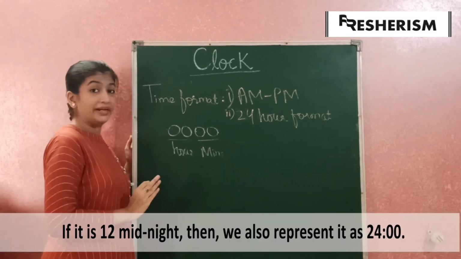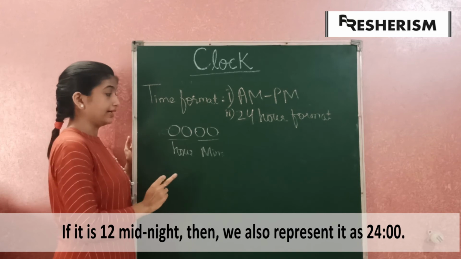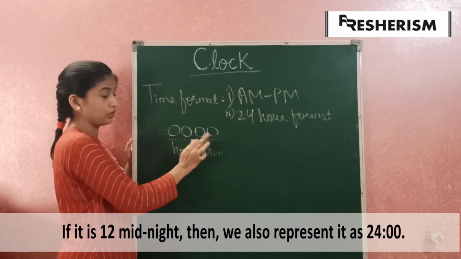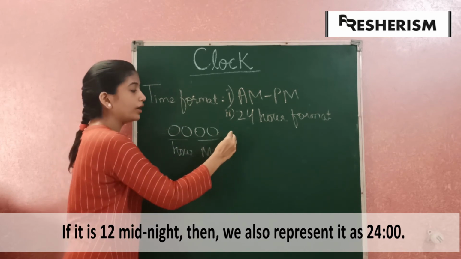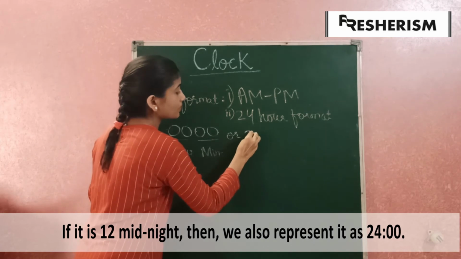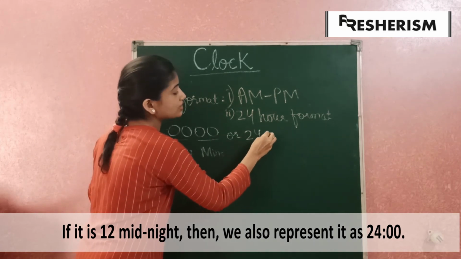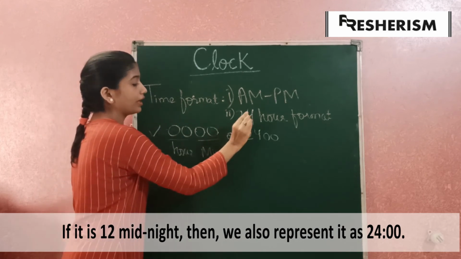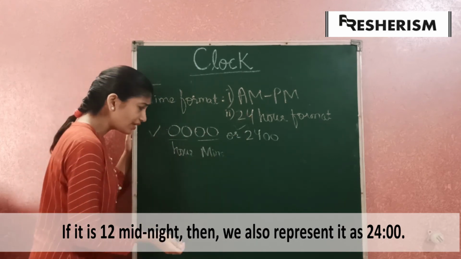If it is 12 midnight, then in the 24-hour format it is written as 0000, or 12 midnight can be written as 2400.